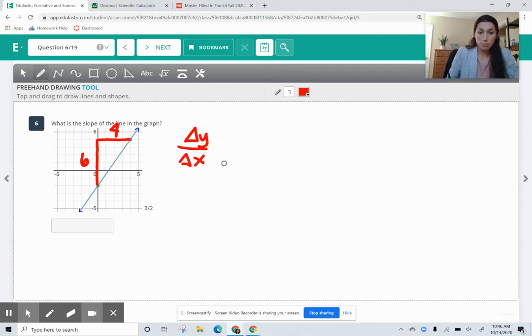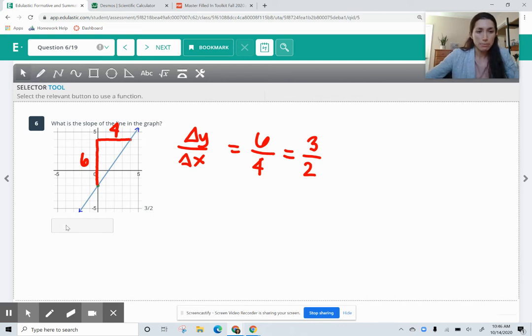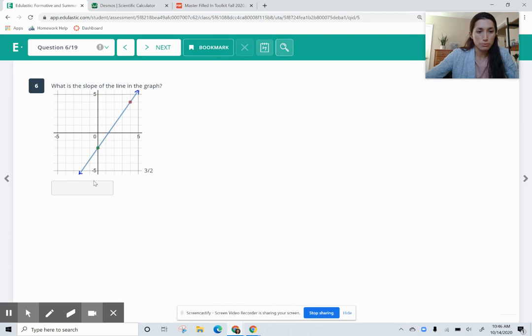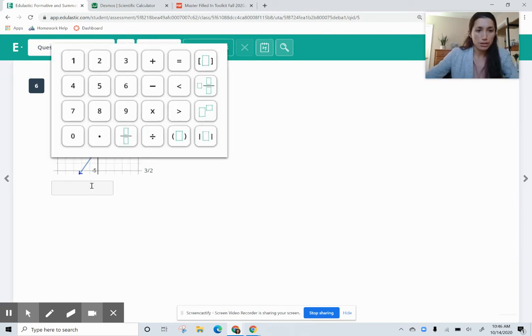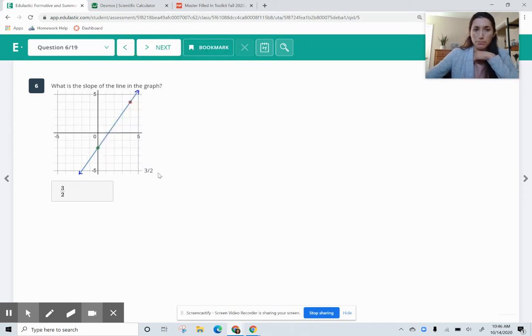So up and down vertical, which was 6 over 4. And we always want to write our solution in simplest form. So that's going to be 3 over 2. So now when I go out of my scratch pad, I can go ahead and type in the answer 3 over 2. And I'm going to do a fraction here. And I'm going to put a 3 on top and a 2 in the denominator. Simplest form, and it's positive. I'm going to the next question.